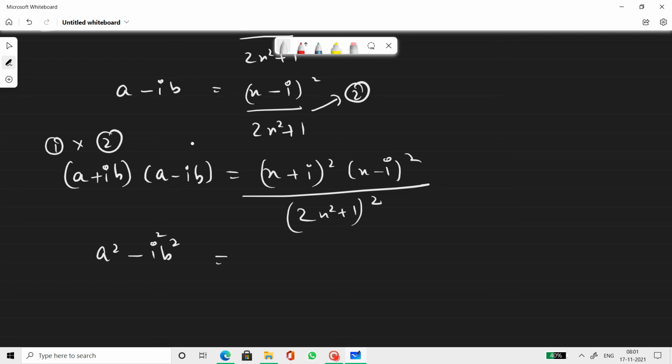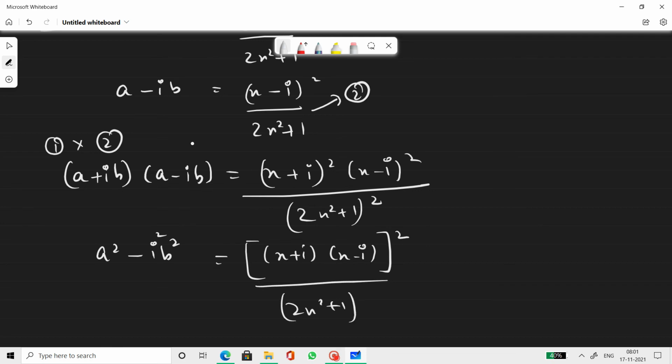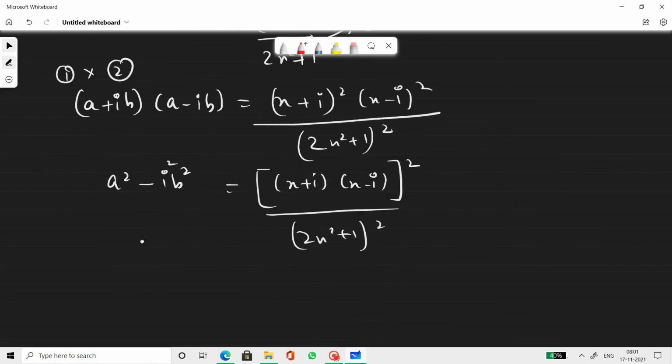Whereas on the right side, it's (x + i)² into (x - i)², which we can write as [(x + i)(x - i)]² divided by (2x² + 1)². And this is nothing but x² - i², which is x² + 1.